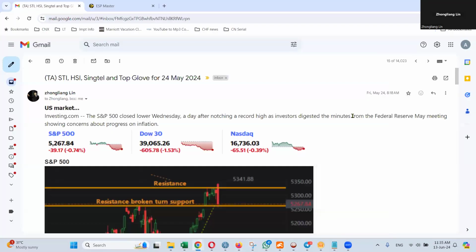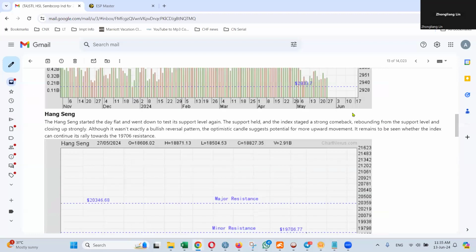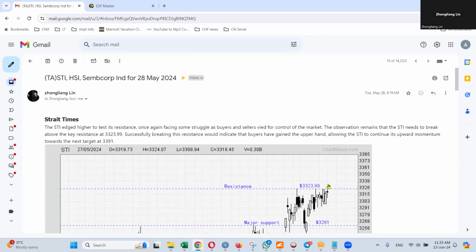Then next will be Sembcorp Industries. But before that, as I mentioned again, you see STI keeps trying to go above 3323. So you can see a very consistent pattern. When a stock is bullish, it will try to stay at the top so that it can break out easily.